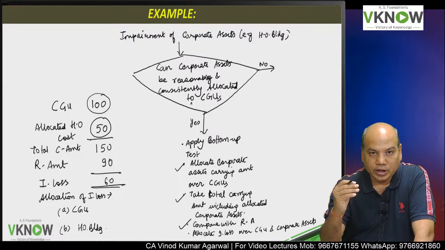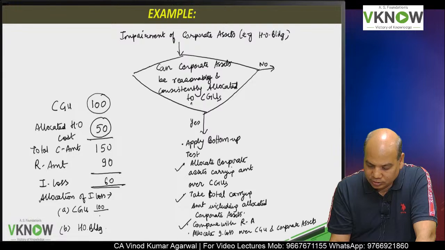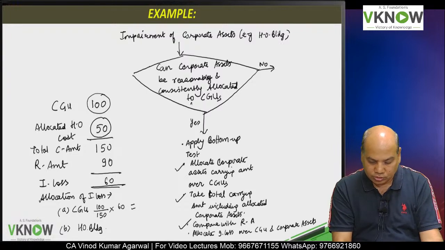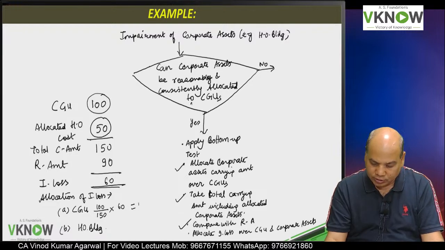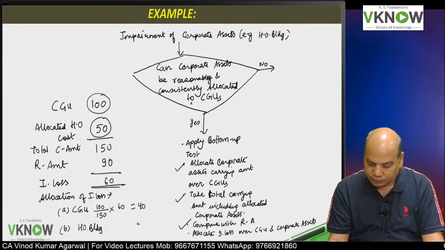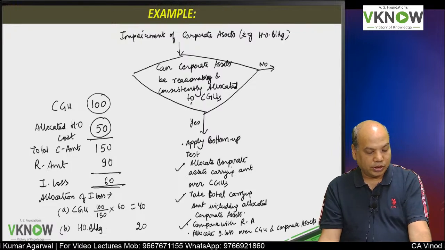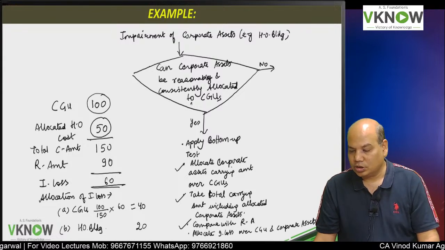In the ratio of 100:50. So the CGU will take a hit of 100 upon 150 into 60, so we are going to allocate 40 to the CGU, and to the head office building we are going to allocate the balance, and that is 20.